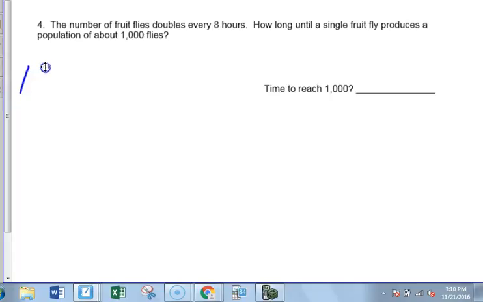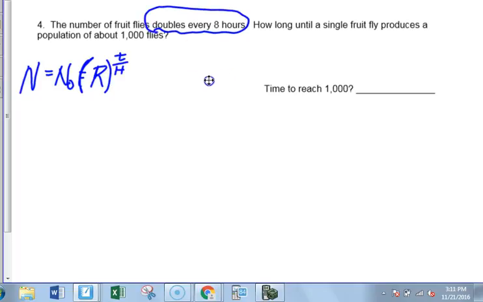All right, this is number of fruit flies doubles every 8 hours. We're going to do this formula. Remember that's on your pink sheet? You wrote it on your pink sheet, right? Because it's doing something at a time period other than one. So it's doubling every 8 hours, so you're going to use T over 8.